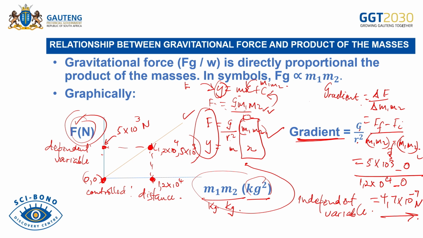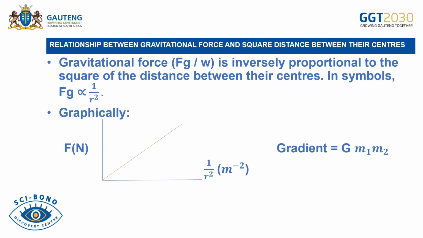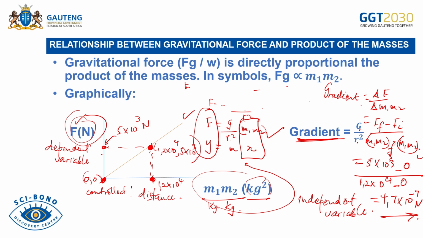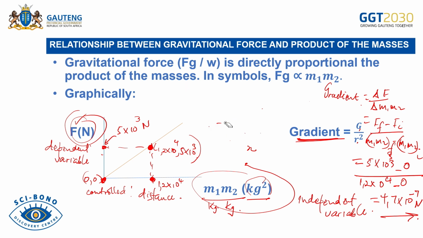Okay. So now I have the gradient. What am I going to do with this gradient now? What I know is that the gradient represents G over R squared. What is our gradient?